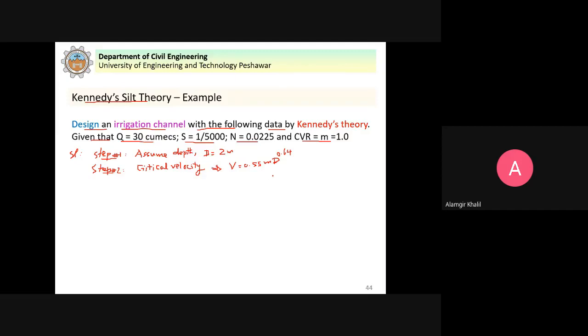Now we just need to put values here. So with m and depth, we can calculate the velocity. This will be equal to 0.55 into 1, M is 1 given here, and depth is coming from step number 1. We assume this is 2, and this is power 0.64.